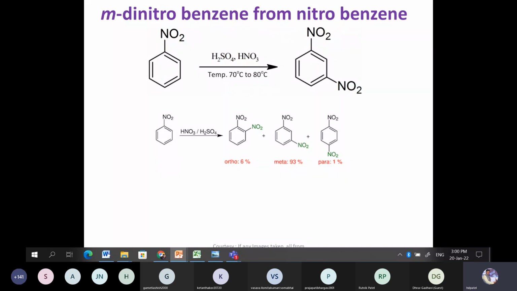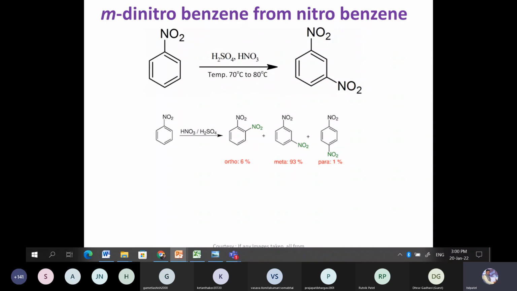Then again the answer is no. The reason is that at a temperature higher than 80 degrees centigrade, say 100 or 110, a third substitution may occur, one more nitro group may attach over here, and trinitrobenzene will form.